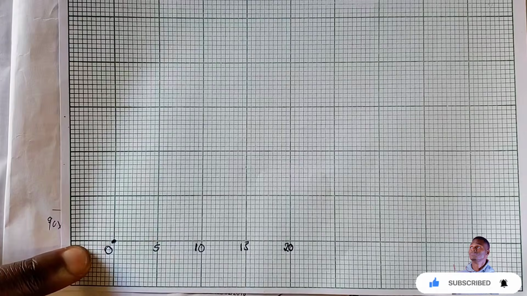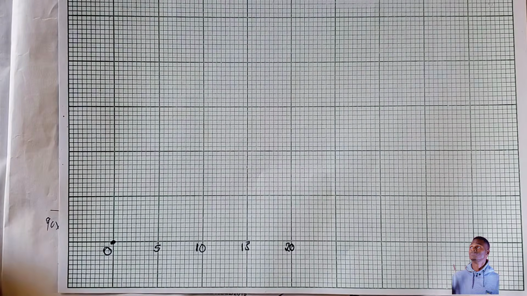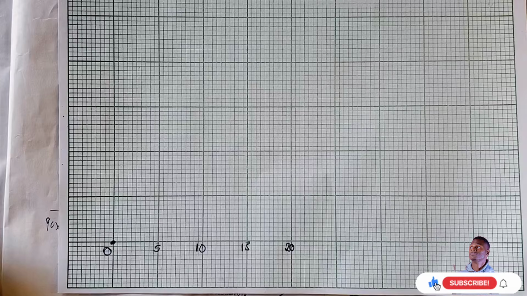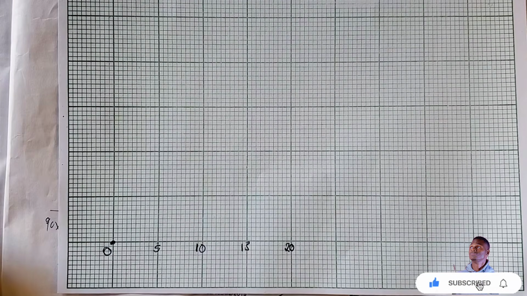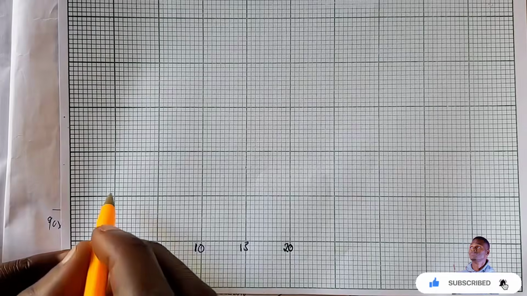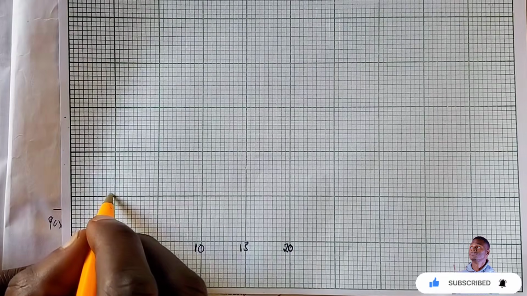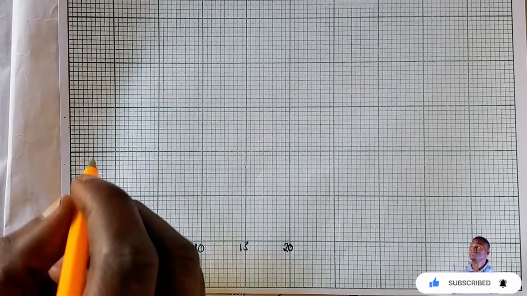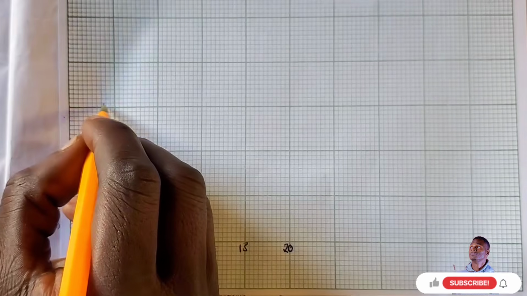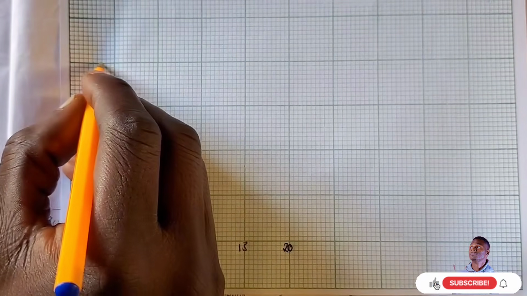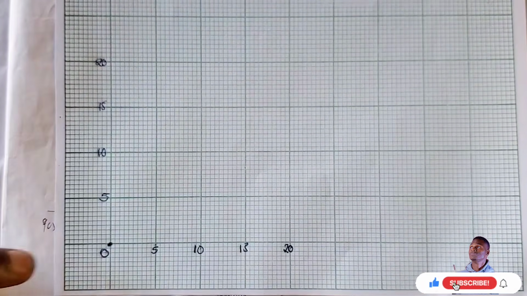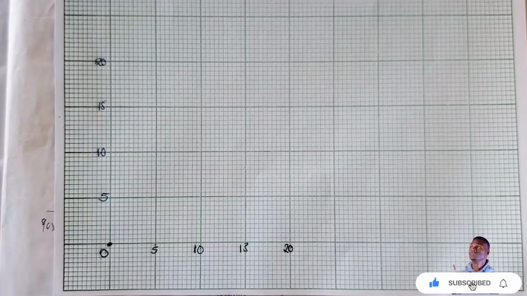Unless it was science, physics or chemistry, that's when you can use your own scale, and you need to write the scale you've used. But here the scale is given, mathematics is simple. So here 5, 10, 15, 20.